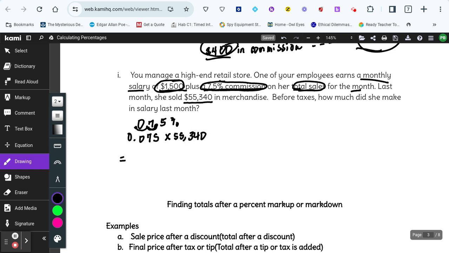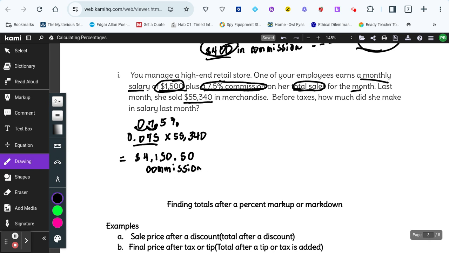So let's figure out what this number is, that amount of times. So I'm going to punch that in. So you have 0.075 times 55,340. So far, you have $4,150, and you have a 5 there. Just put a 0 and 50 cents. That's what you've made in commission.